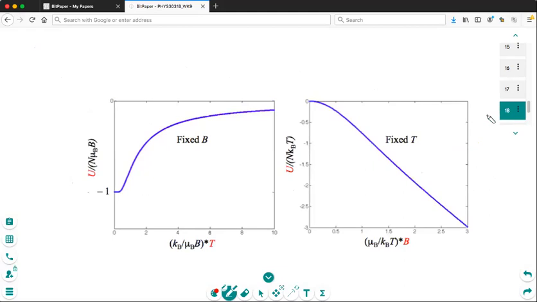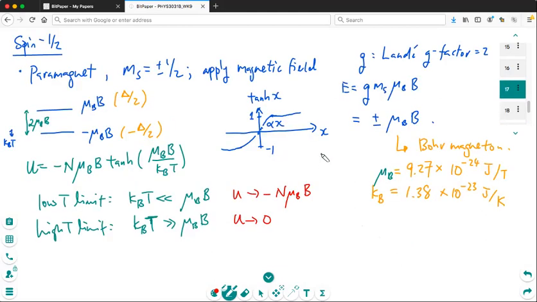Okay, so this is how I plot this. I'm not going to write it again and again. So I want this picture taken.